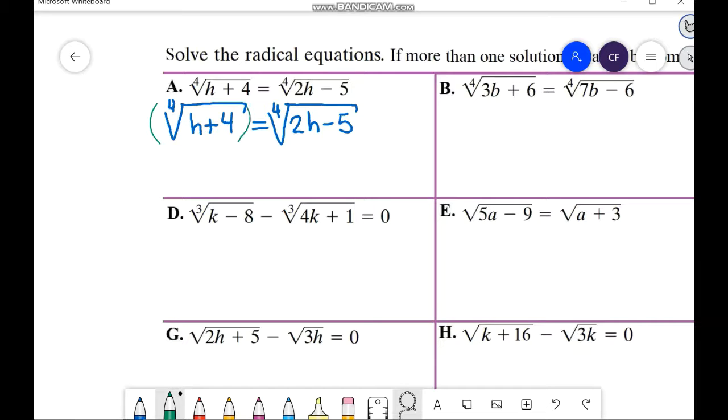Now we're going to raise both sides to the power of 4, the same index, because now we can simplify. The 4th root simplifies with the power of 4. And we're going to have h plus 4 equals 2h minus 5. Nice?